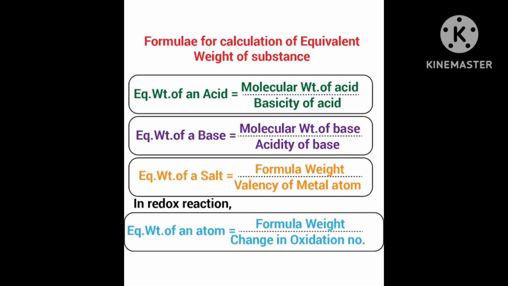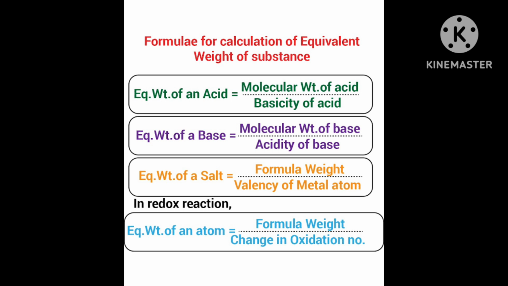The number of replaceable hydrogen is called basicity. In H2SO4, 2 H are there, so basicity is equal to 2. And H3PO4, phosphoric acid, its basicity is 3, because 3 hydrogen can be replaced. Correct?